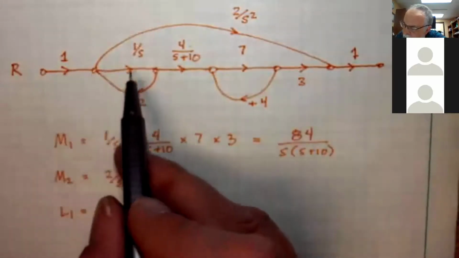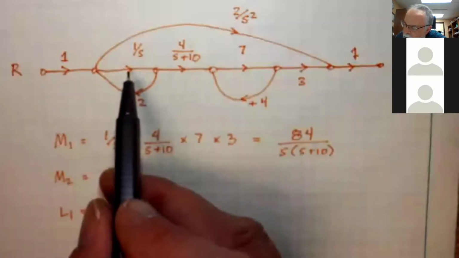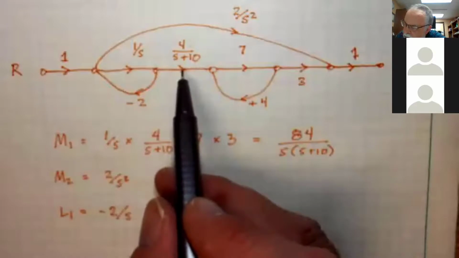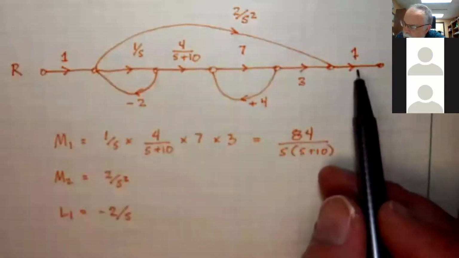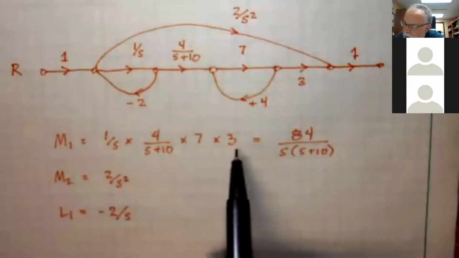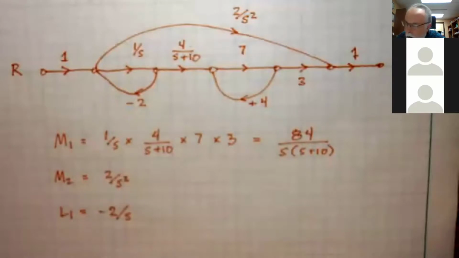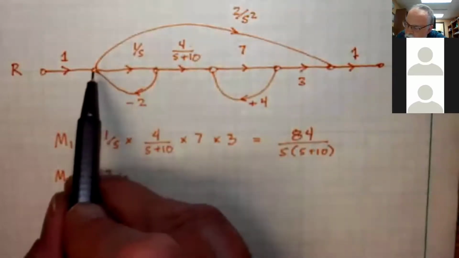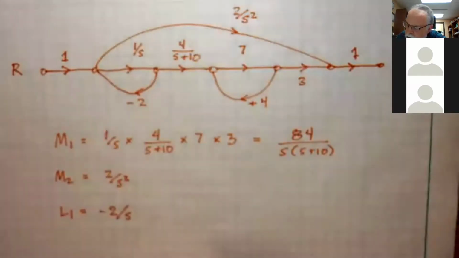When I go down this path here, I've got a gain of 1 over S, a gain of 4 over S plus 10, a gain of 7, a gain of 3, and a gain of 1. So that's where those come from. And that top one is the 2 over S squared. Got it. And then this loop gain is 1 over S times a minus 2. So it's minus 2 over S.